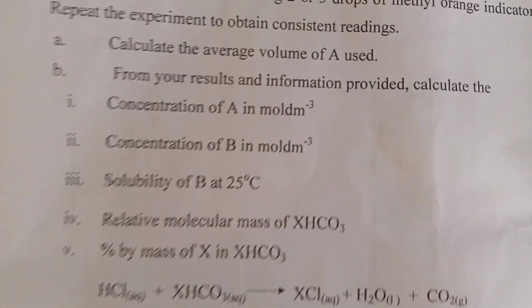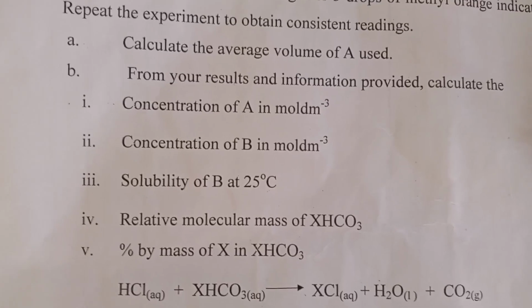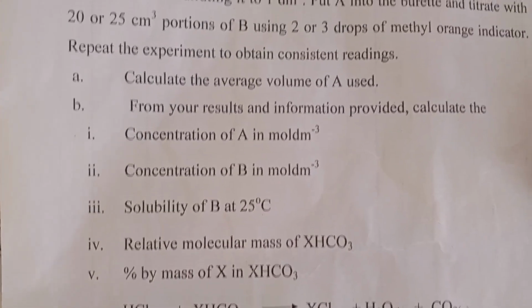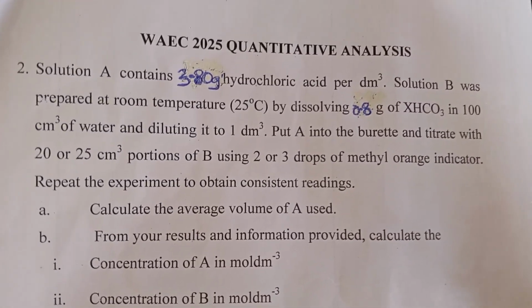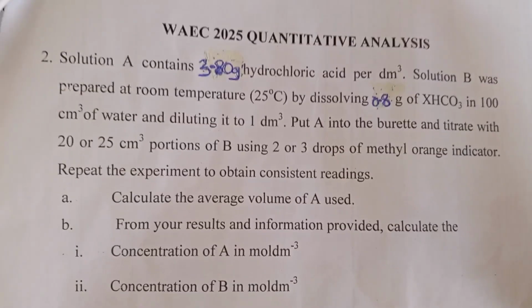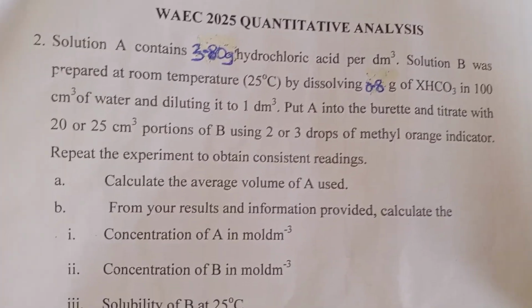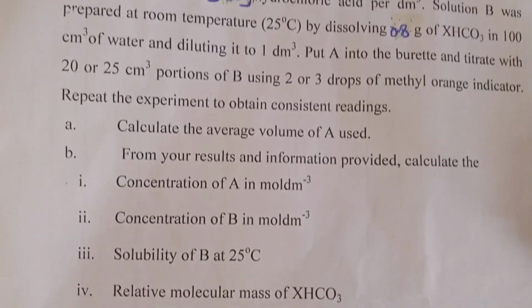Part III says solubility of B at 25 degrees Celsius. From the question, you are told that solution B was prepared at room temperature by dissolving 0.8 gram of SHCO3 in 100 cm cube of water and diluting it to 1 dm cube.